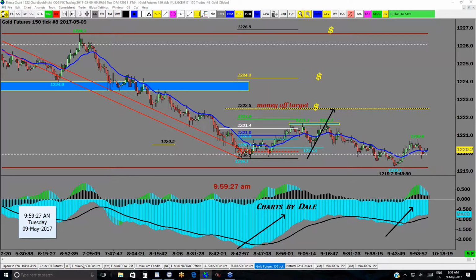Let's see if I can get a pen here again. So the entries from below the EMA are all at break even now, break even plus. So it's that little area in here.